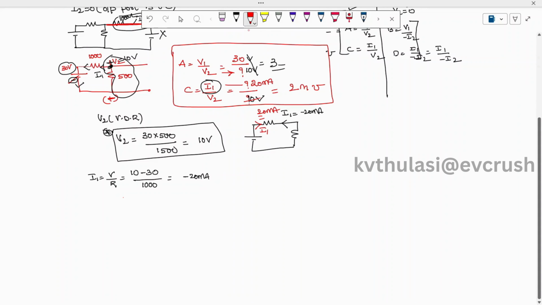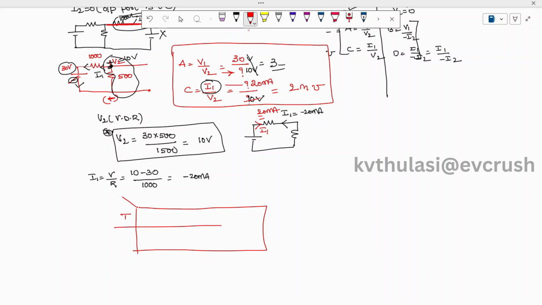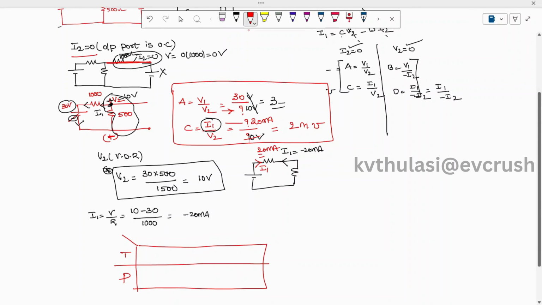Okay. So now I'm drawing a tabular column. Here the first row will be theoretical calculation and the second row will be practical calculation. Initially I2 is 0. What is the meaning of I2 equal to 0? It means the output port is open circuited.